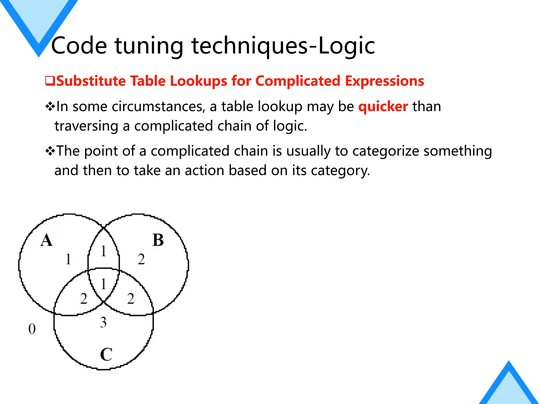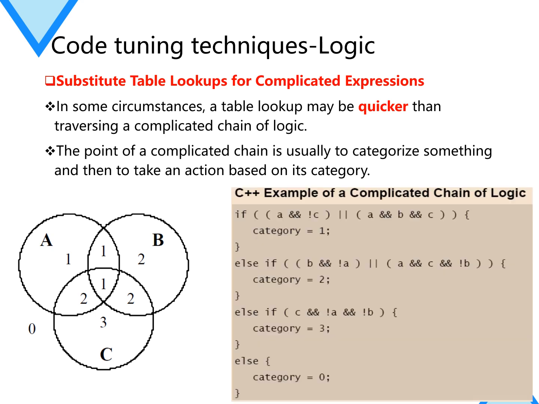For example, we have three classes of object A, B, C, and they have some values and some interconnected values, meaning we have three categories A, B, and C. This is an example of a complicated chain of logic, and they have category 1, 2, 3, and category 0. Let's see how we can make a lookup table instead of this complicated logic.